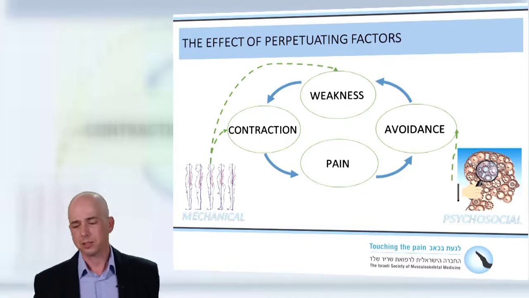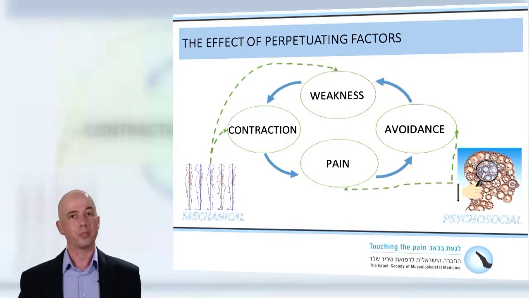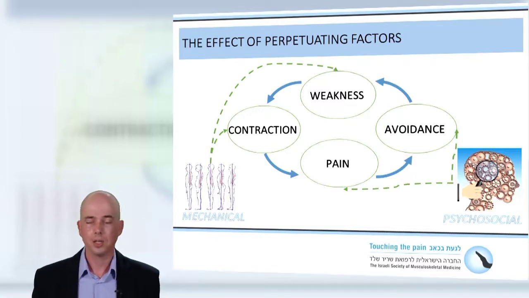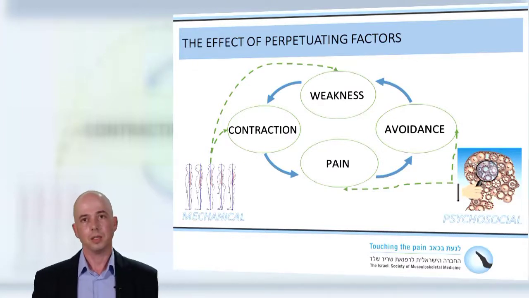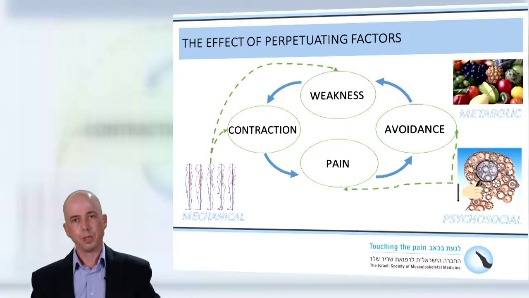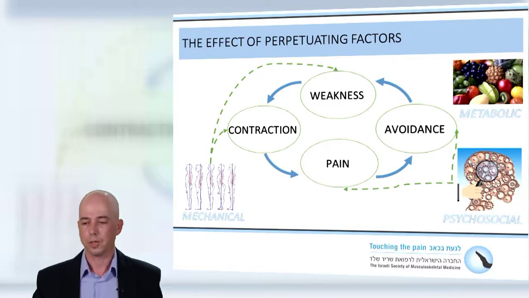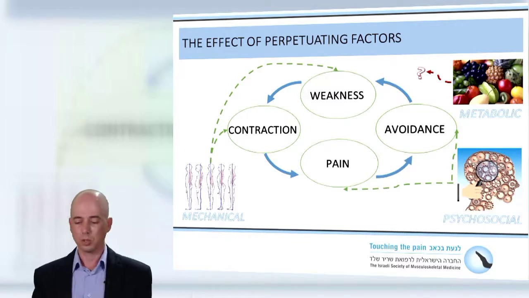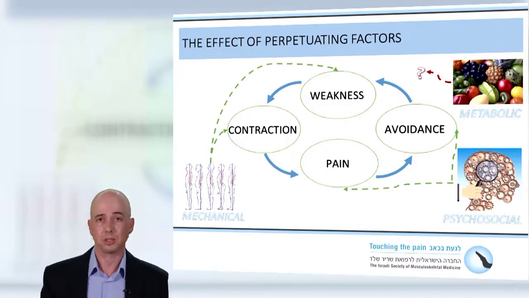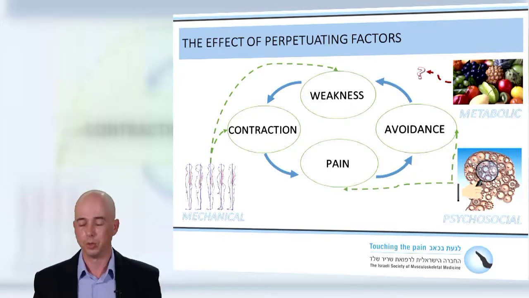But not only that, psychosocial states may also aggravate pain, because we know that people who are depressed or who are anxious have lower pain thresholds, so they sense pain in a stronger way than healthy people do. And last are the metabolic factors, which we don't really know how they contribute to the perpetuating of the vicious cycle, but we do know that there are some clinical correlations or statistics that show that they probably do.